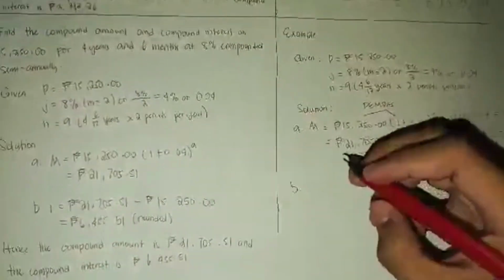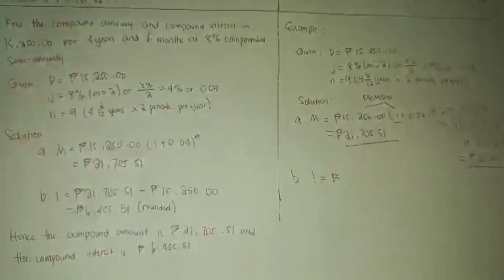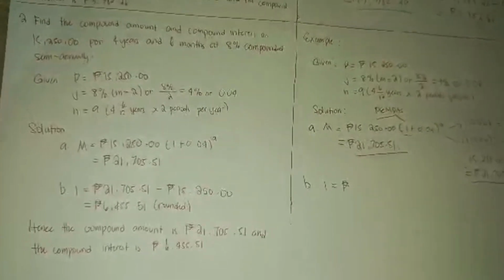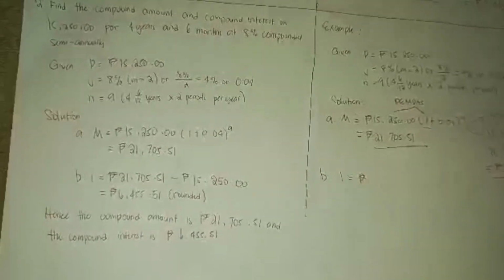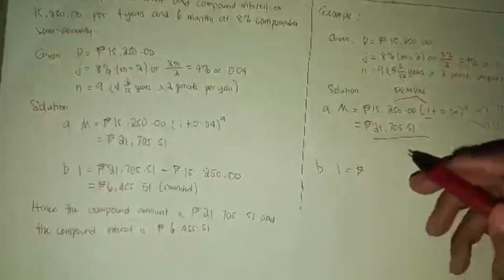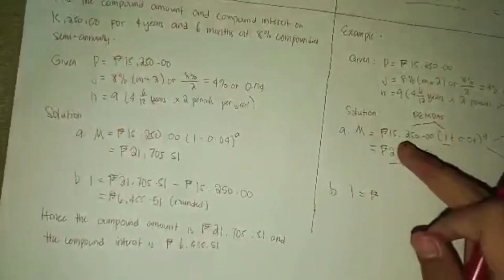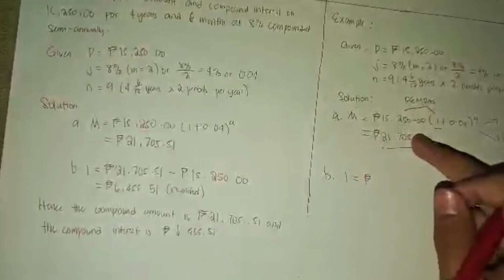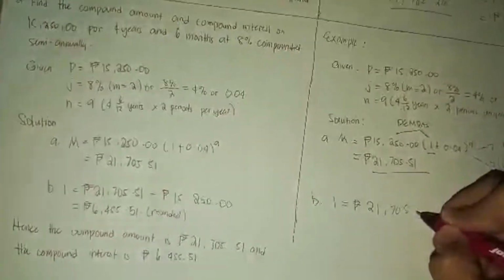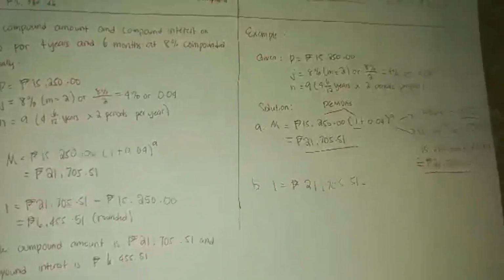And the letter B, you simplify the answer of M, and you will subtract 15,250.00 from 21,705.51.